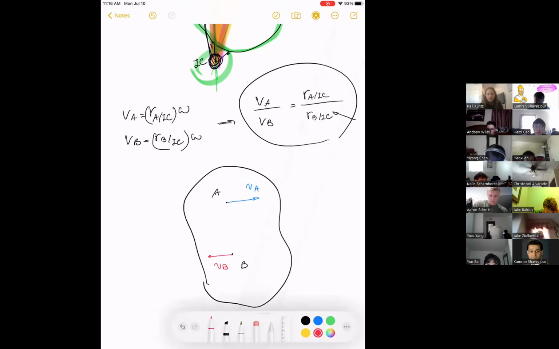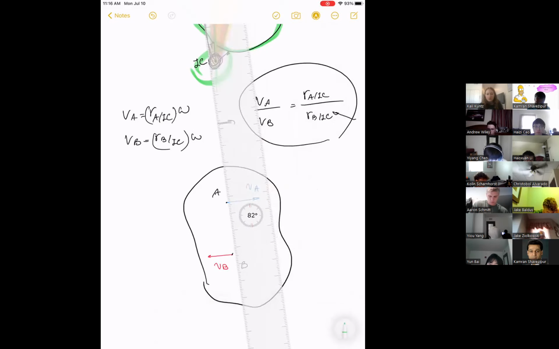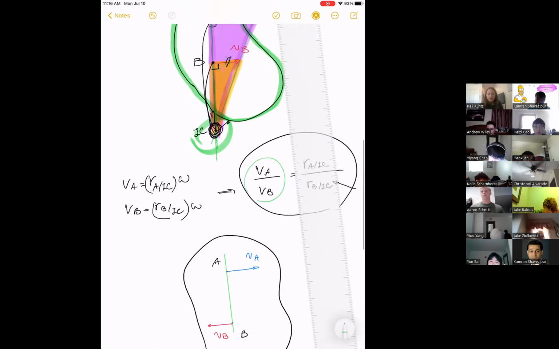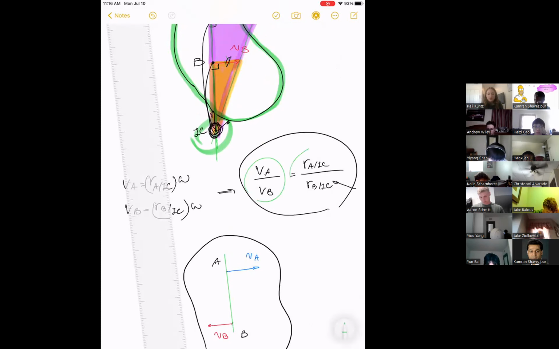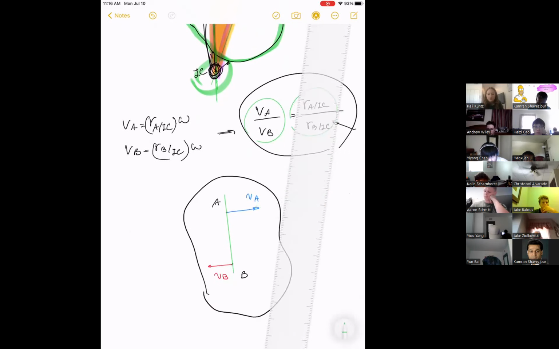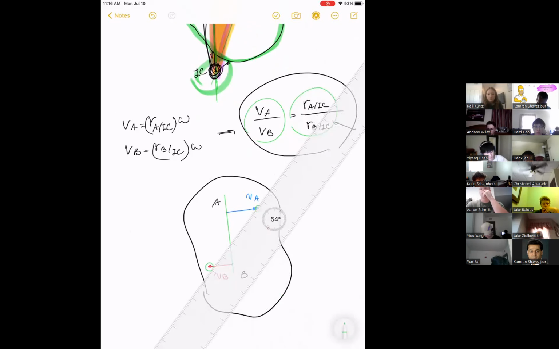So if you draw a line perpendicular to this and perpendicular to that, they fall on top of each other. We're going to use the same ratio and connect the end of the velocity vectors. Look at here. End of one velocity vector, end of the other velocity vector. I connect them, right?